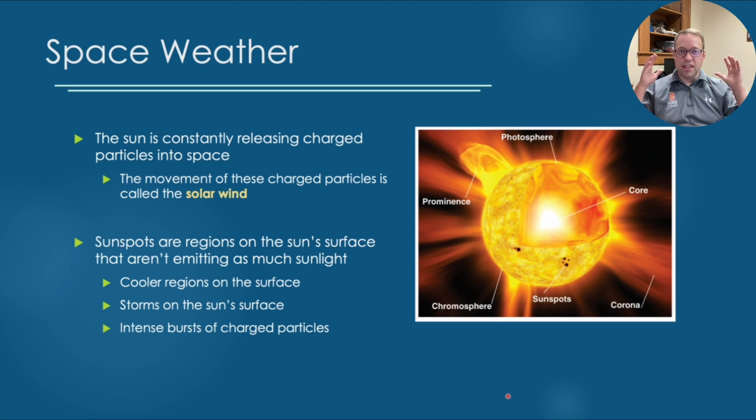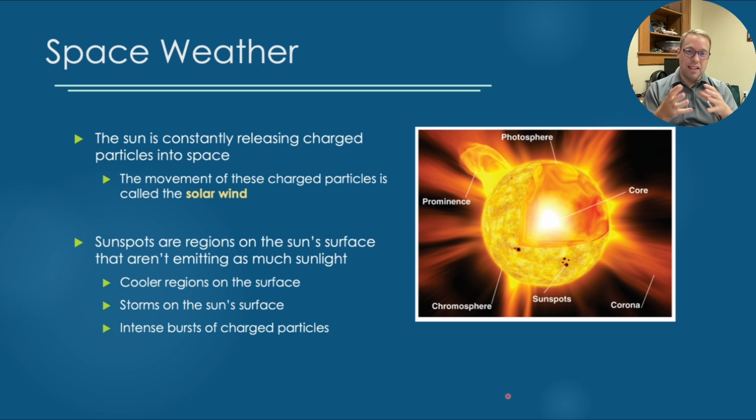Now, because the sun is just so bright, our eyes take these little spots, these regions, these storms, and say, even though they are still emitting light, it's not as much, so it looks darker because it's just not as intense as the rest of the sun. And since it's darker, it just looks like there's a spot on the sun. That's what a sunspot is.